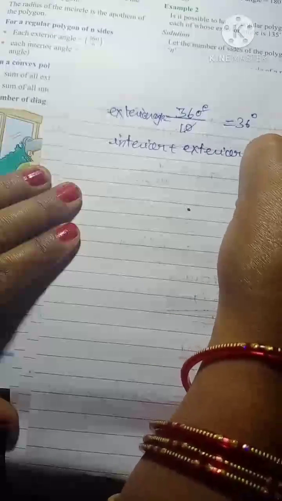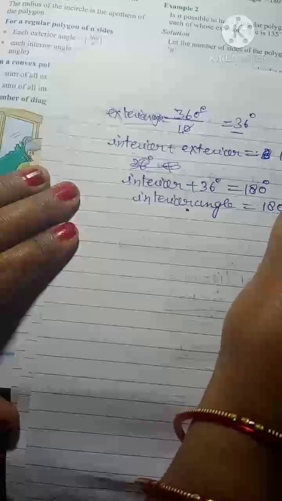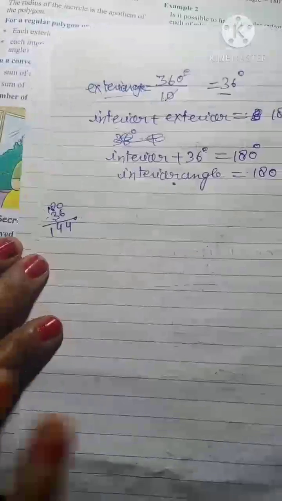Okay, now you have to find the interior angle. The formula is that interior plus exterior is always equal to how much? 180 degrees. So the exterior angle you got is 36 degrees. So interior plus 36 is equal to 180 degrees. So the interior angle is equal to 180 minus 36, so what will be its answer, beta? It will be equal to 144 degrees.